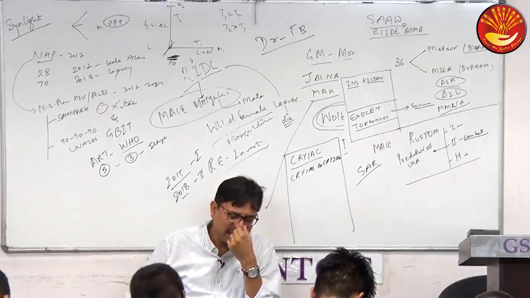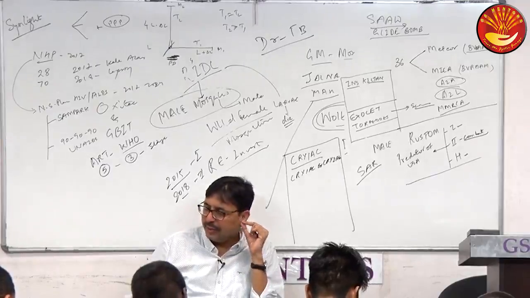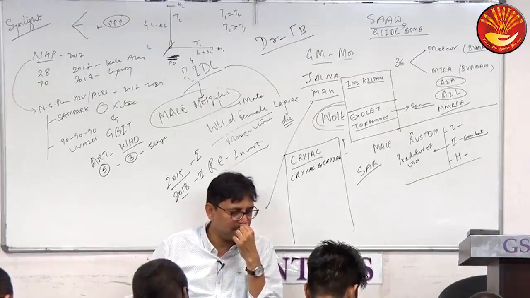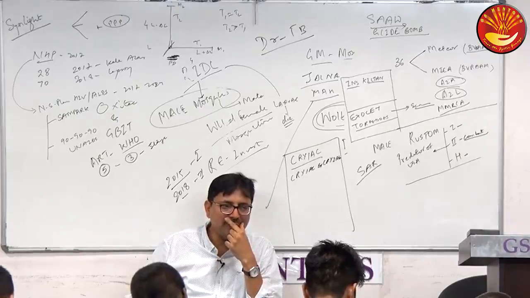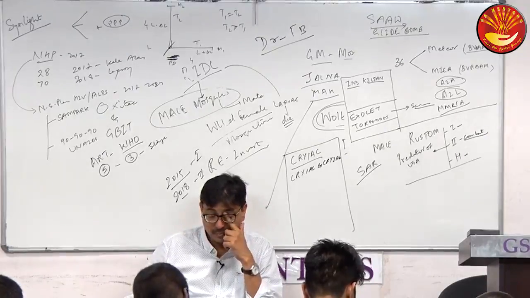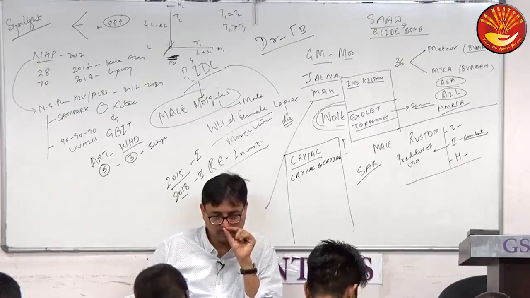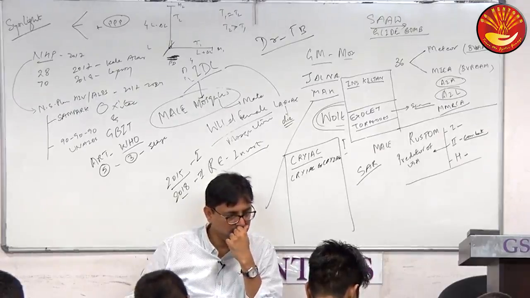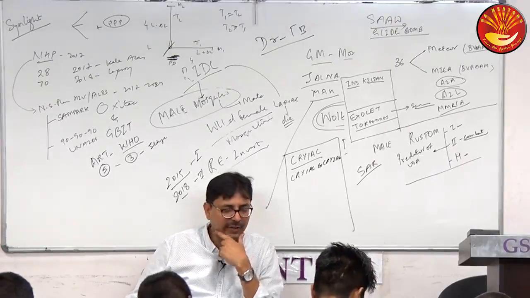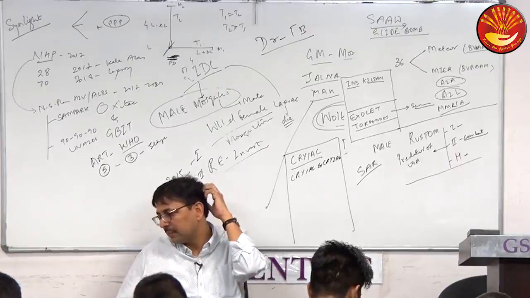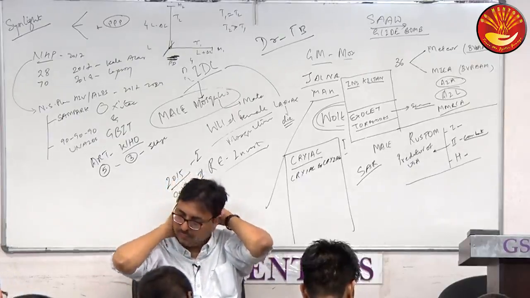ART has been laid down by WHO. It is a combination of 5 drugs. Out of them, 3 are prescribed as per the stage of infection. Next.